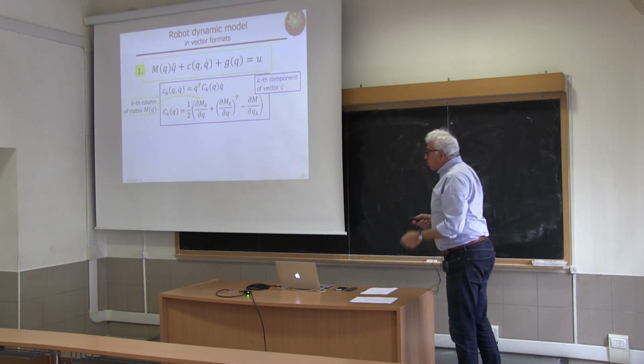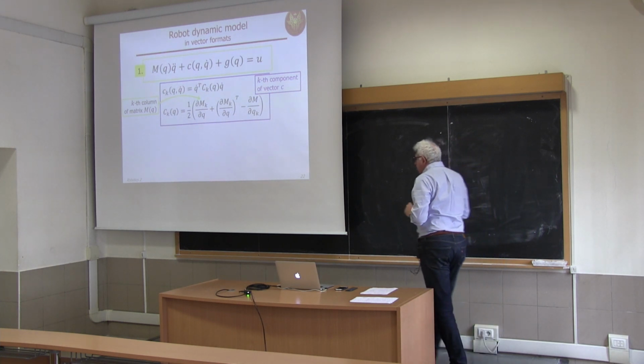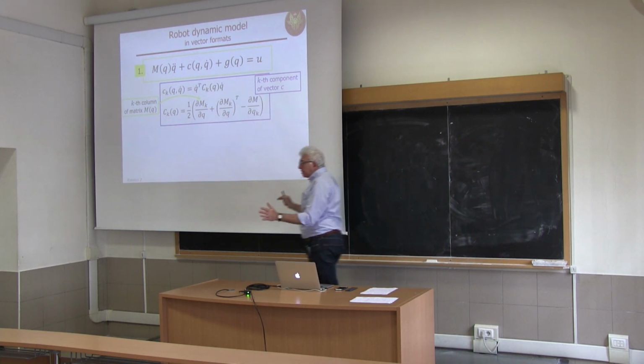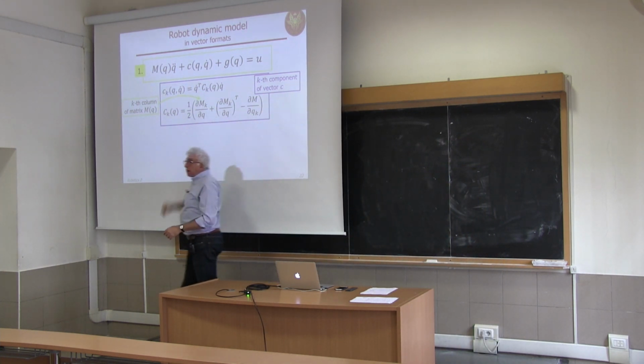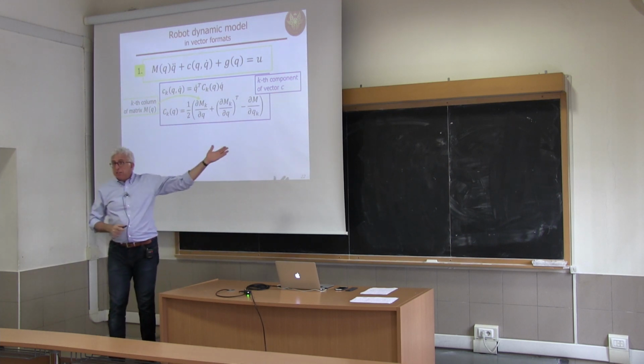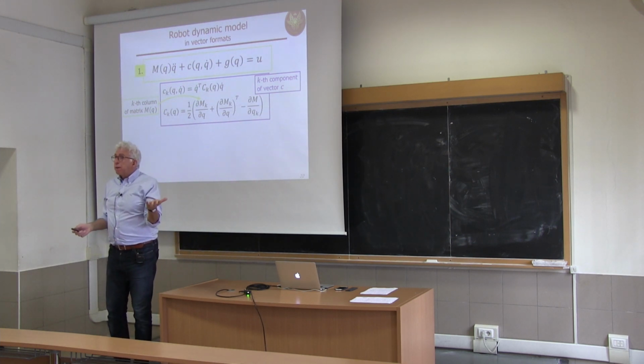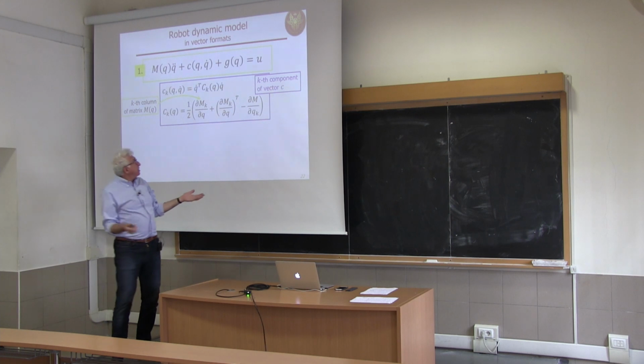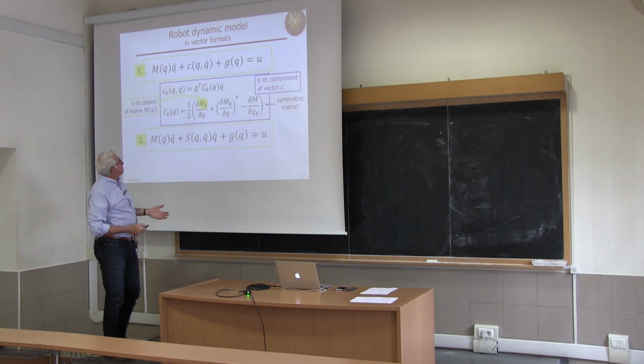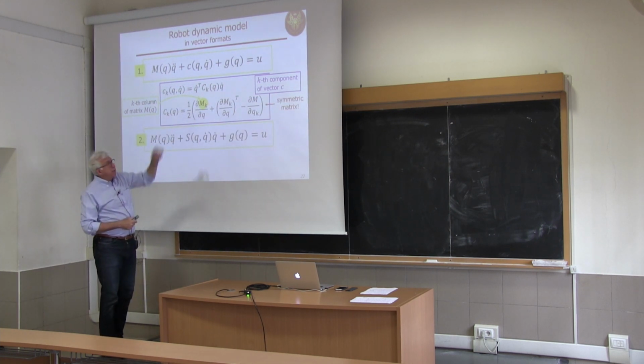So again, from the kinetic energy, you extract the inertia matrix, you do these partial derivatives, and you have the first two parts of the model. The last part is very easy. You compute the total potential energy, you take the gradient, and you obtain the g of q.